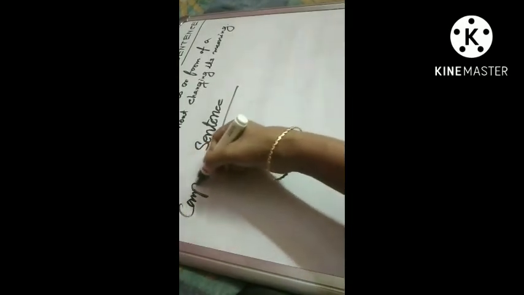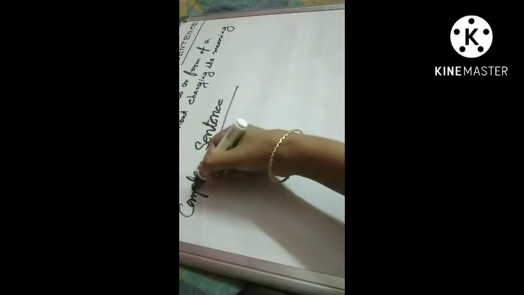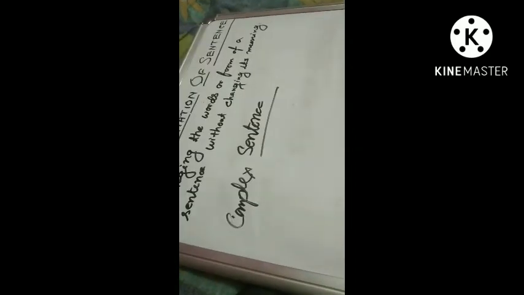So we have understood what is a compound sentence and what is a simple sentence. Now the leftover sentence is the complex sentence. Complex sentence, it is hard to understand, but it is easy if you give your mind here. If you watch closely, then you understand.